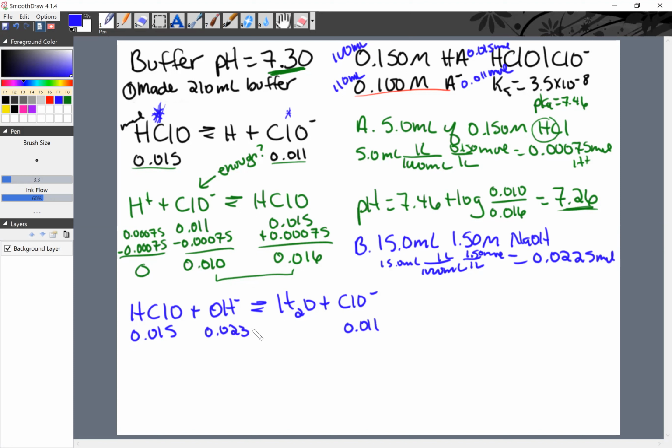Okay, my next question. Do I have enough acid to sop up all this base? Do I have enough? And the answer is no. So who's going to get completely used up? It's going to be my poor weak acid. So I'm only going to use up that much of my strong base, but I will make a little bit extra over there.